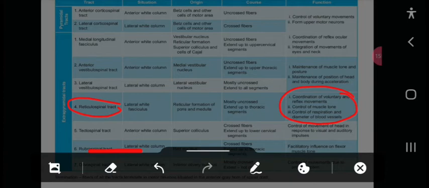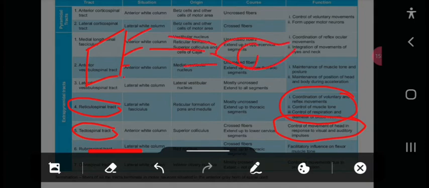Tectospinal tract, anterior white column, superior colliculus, crossed fibers extend up to the lower cervical segments. Control of movements of head in response to visual or auditory impulses. When I am speaking from here, then your eyes will move towards the sound. So this is controlled by the tectospinal tract.